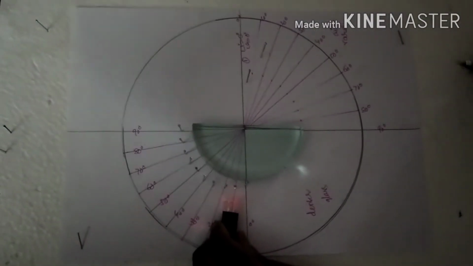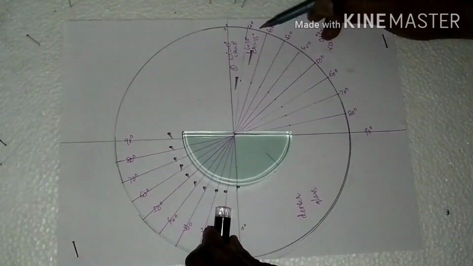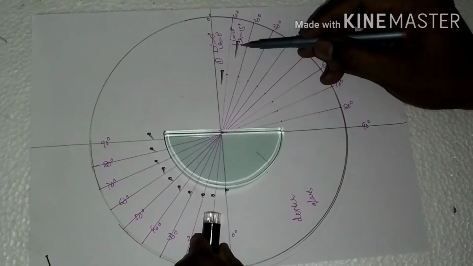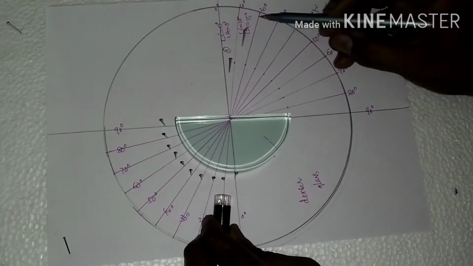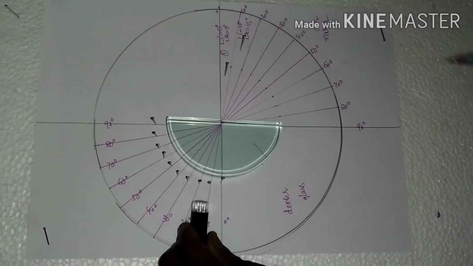That means in the second case, angle i is equal to 10 degrees, angle r is approximately 15 degrees. What does it mean? Whenever a light ray travels from denser to rarer, it deviates away from the normal. Angle i is not equal to angle r.